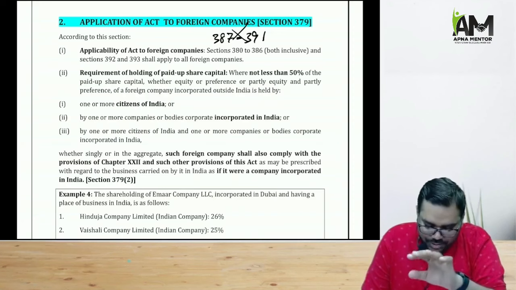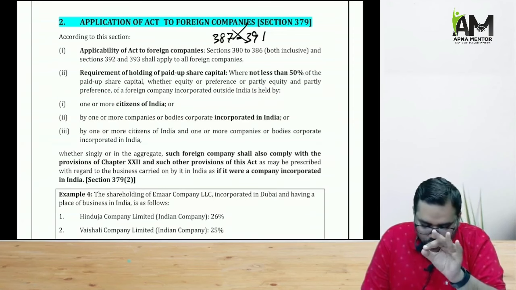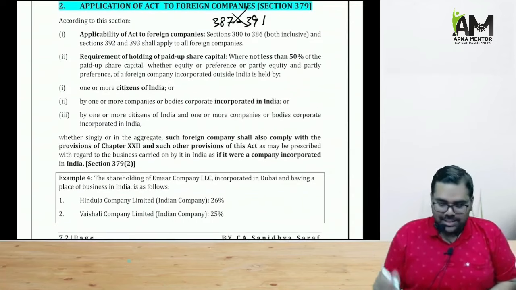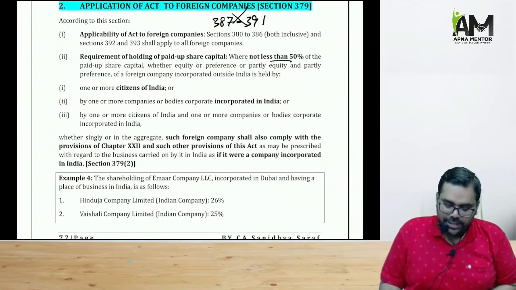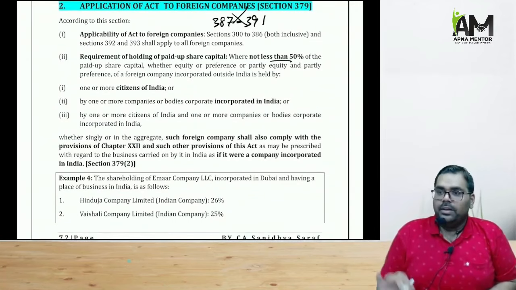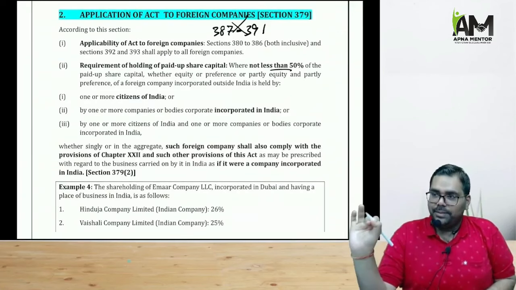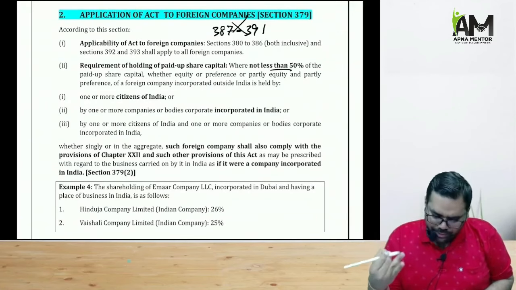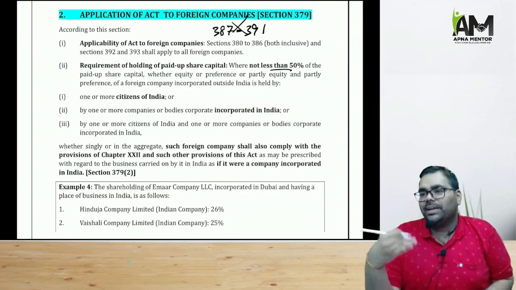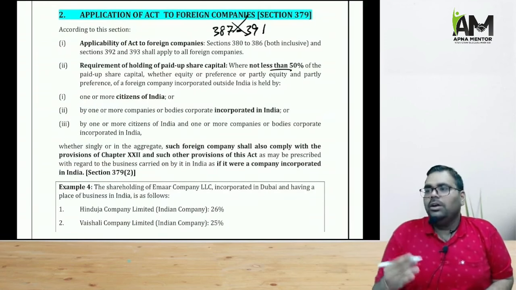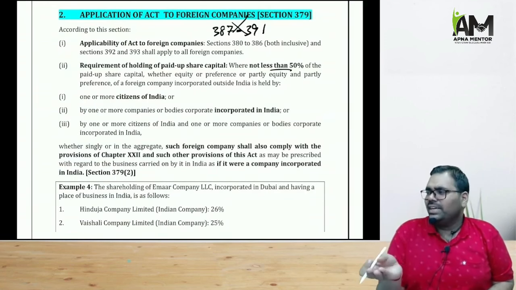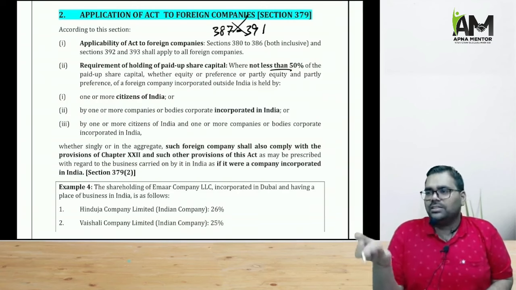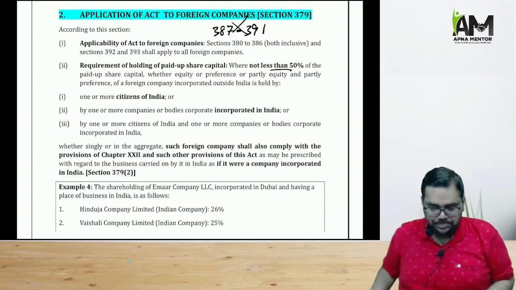So what they are saying, you see, is that the requirement of holding of paid up share capital is not less than 50% of the paid up share capital, whether it is equity paid up share capital, or preference paid up share capital, or it can be 26% equity and 24% preference, or 26% preference and 24% equity, anyhow.